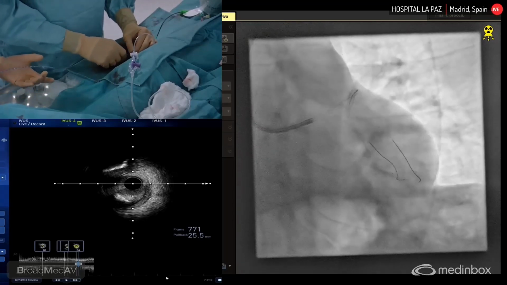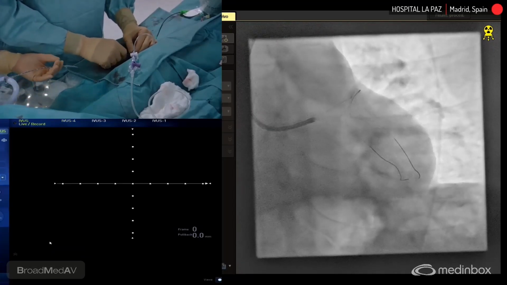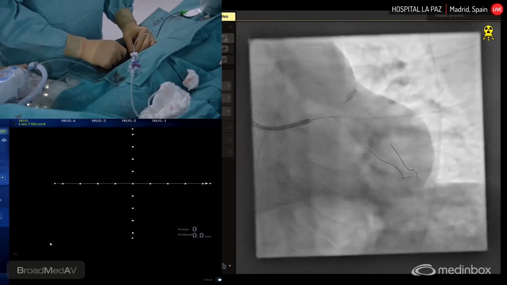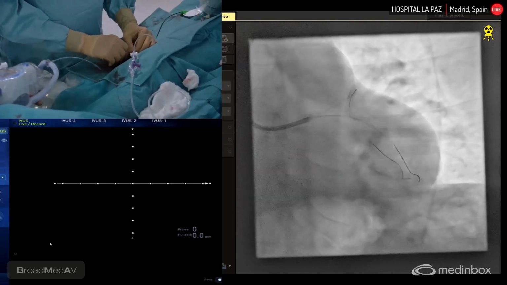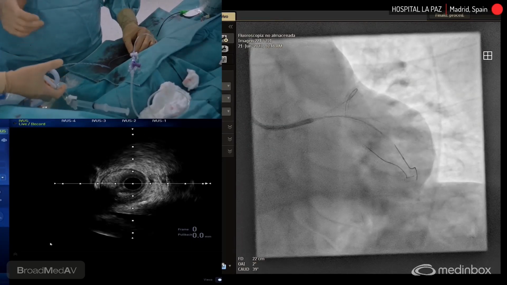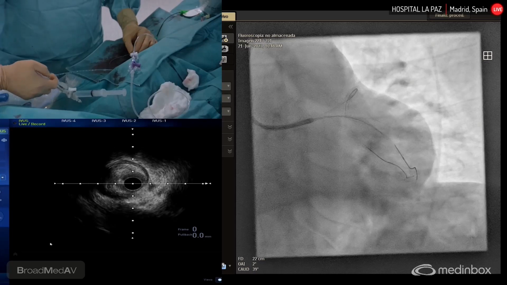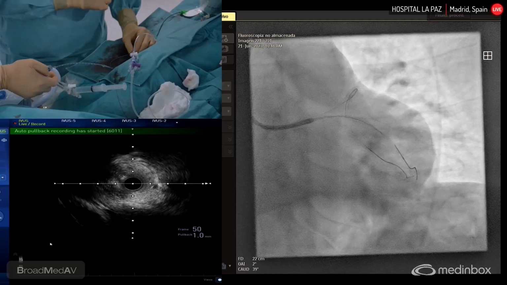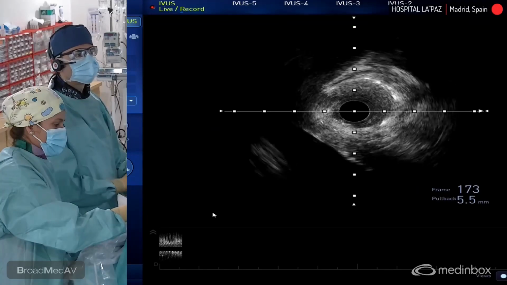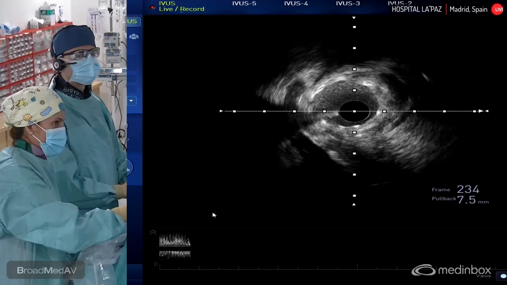Okay, let's check with IVUS again. IVUS live, please. Another option is to try with a drug-eluting balloon here. Okay, there, perfect. Flash, okay, pull back. This is the very distal part of the stent, very well apposed.